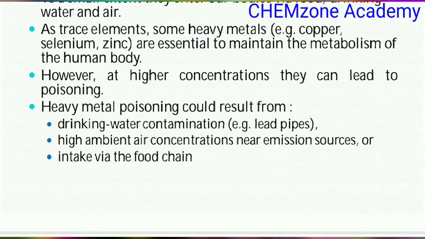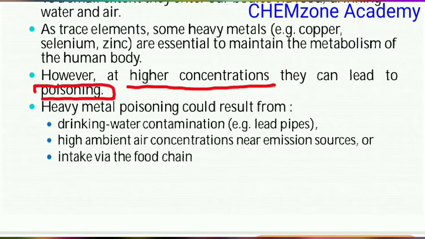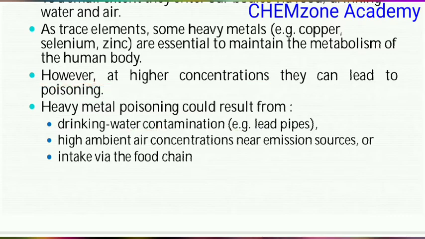Like here it is given: however, at high concentration they can lead to poisoning. Heavy metal poisoning could result from drinking water contamination, lead pipes, high ambient air concentration near emission sources, or intake through the food chain.